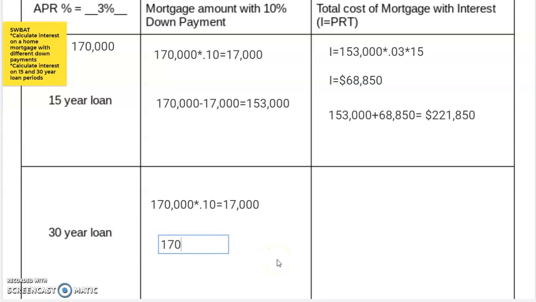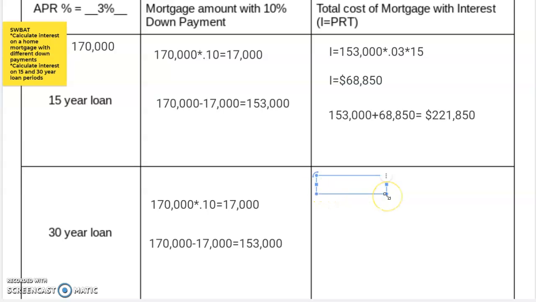Then we're going to find that principal amount, so our original cost minus our down payment, and that gives us our same $153,000. And again, there's our principal amount. That's how much we're going to be taking out in a mortgage.